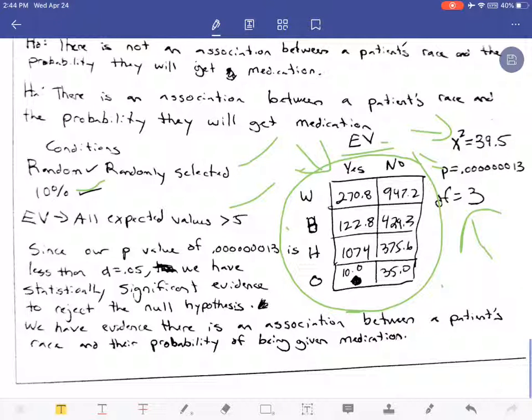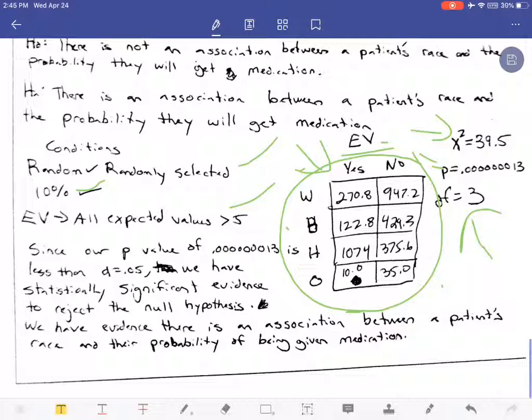So we say since our p-value of 0.00000013 is less than our significance level of 0.05, we have statistically significant evidence to reject the null hypothesis, which means that we have evidence there is an association between a patient's race and their probability of being given medication. So that's how we analyze our data there.